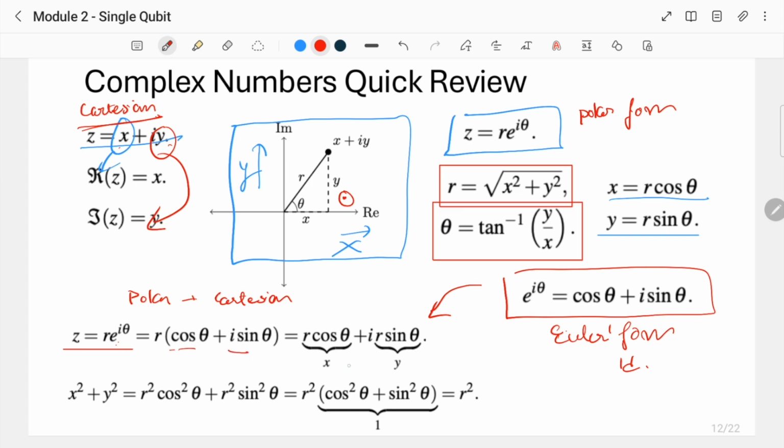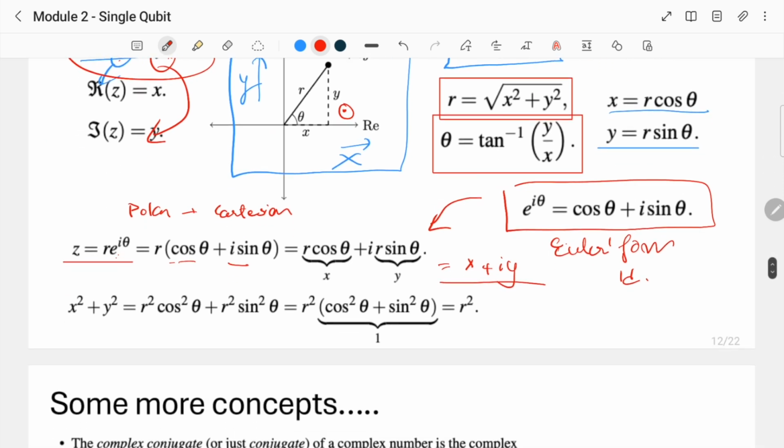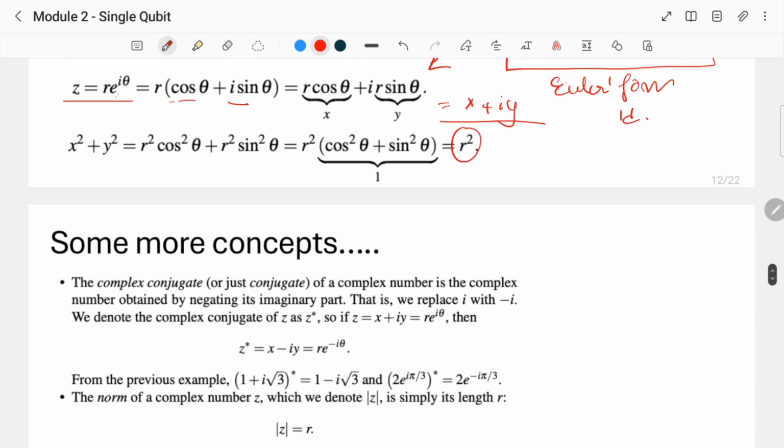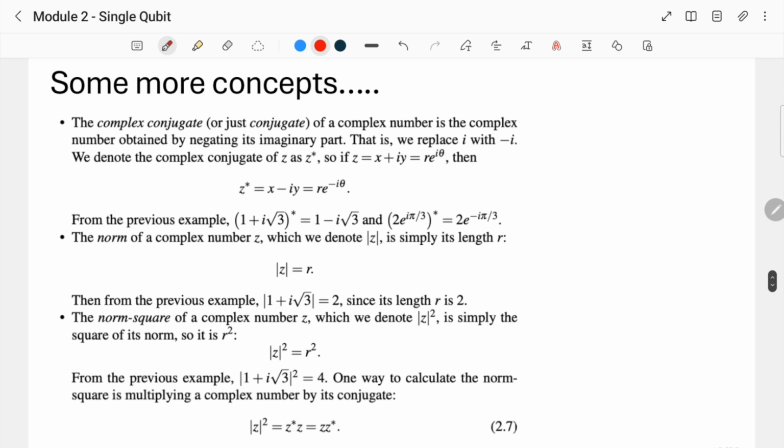When we break it down, we get x plus iota y. We are back to our starting point. This is just the calculation of the magnitude, how we obtain r. Here are some more concepts for complex numbers that you should know. The complex conjugate, I won't go over these in detail, you can just have a look.